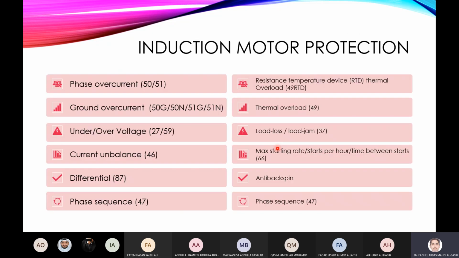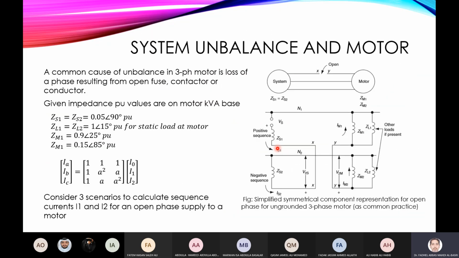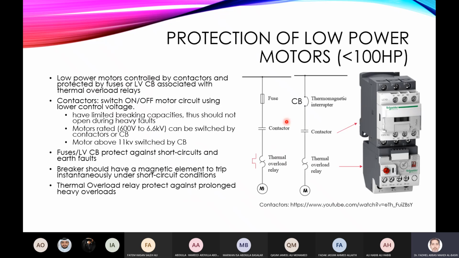If you go to the standards of motors, they classified the protection into three categories. First, protecting a low voltage motor, a low power motor, up to 100 horsepower. So this is normally a low voltage system, and when I say low voltage, it is below 600 volt, below 1000 volt, as per standard.